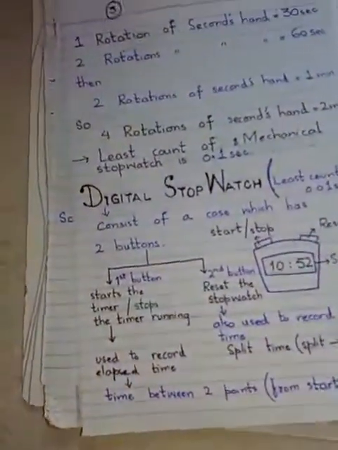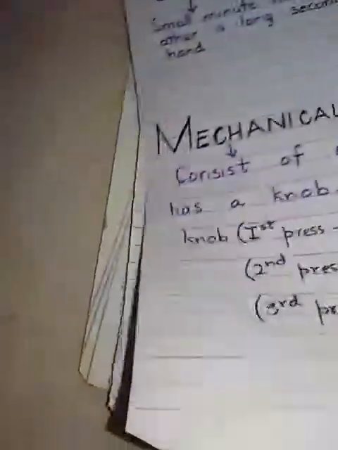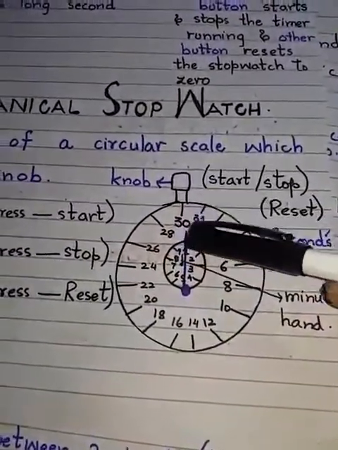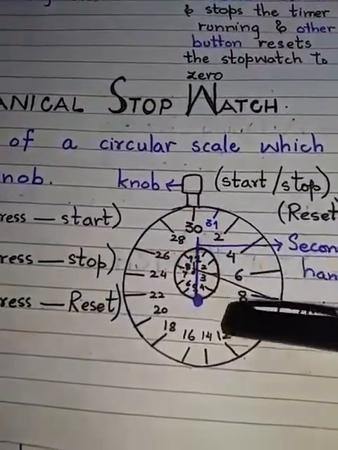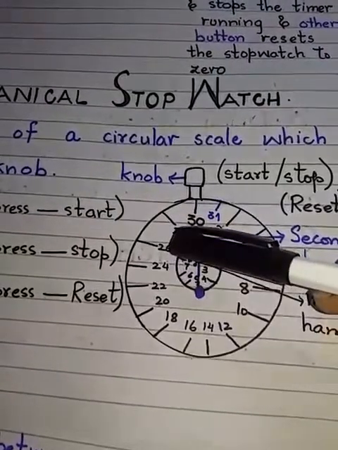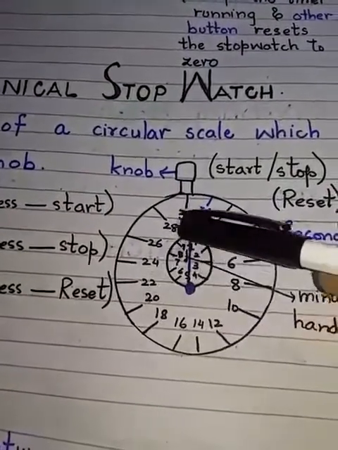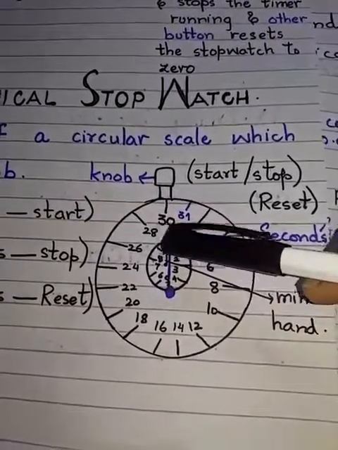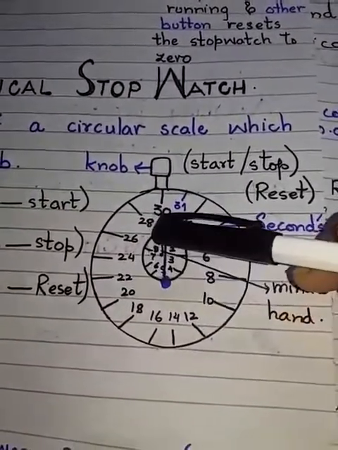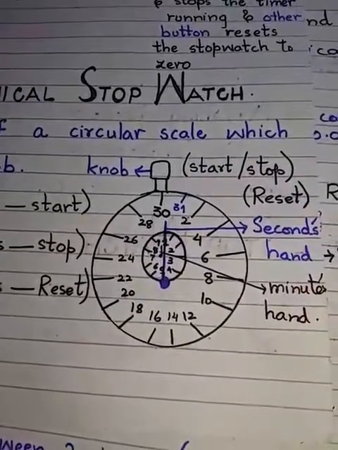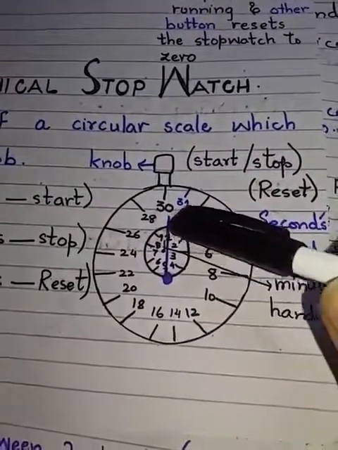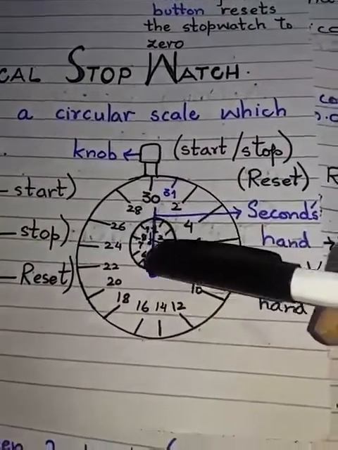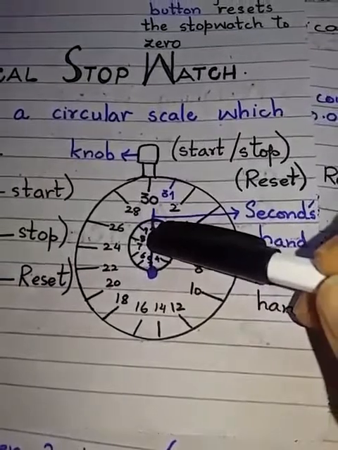Secondly, girls, one rotation of the second hand is equal to 30 seconds. So two rotations of the second hand are equal to 60 seconds. When the second hand completes two rotations, the time period will be 1 minute.